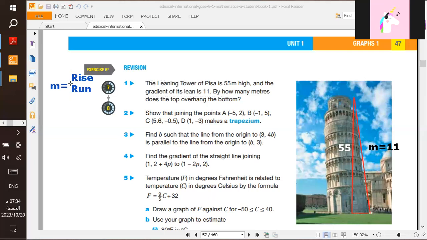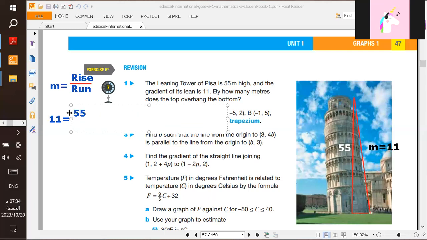So let's use it. We already know the rise, which is 55, and we know the gradient. So gradient, which is 11, equals rise, which is 55 here, over the run that we don't know. So it's going to be R. Okay, let's call it R and work with it. And then we take R to the other side because it's divided.